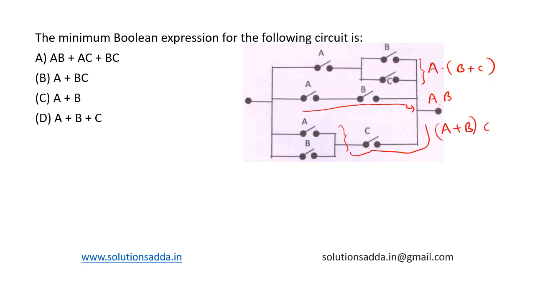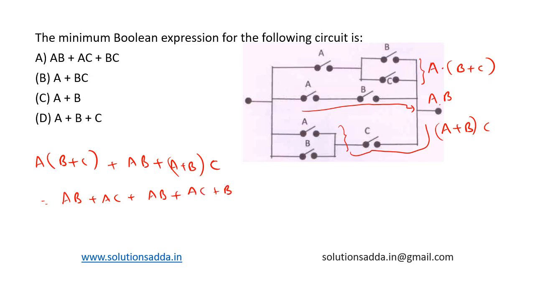So the minimum Boolean expression would be A into B plus C, or AB, or A plus B into C. You can follow any three of the paths. So this would be AB plus AC plus AB plus AC plus BC.